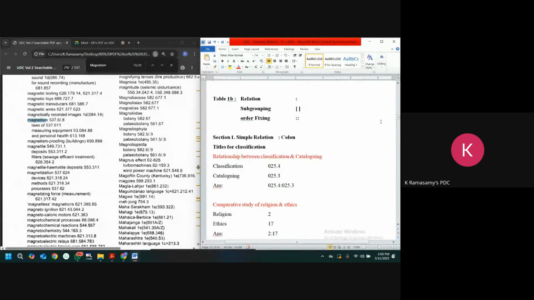One is the relation sign called colon. Then there is the symbol for subgrouping called open square bracket and close square bracket. And there is the symbol for order fixing called double colon. Instead of one colon, you can go for double colon. We will learn about these three signs in Table 1B.